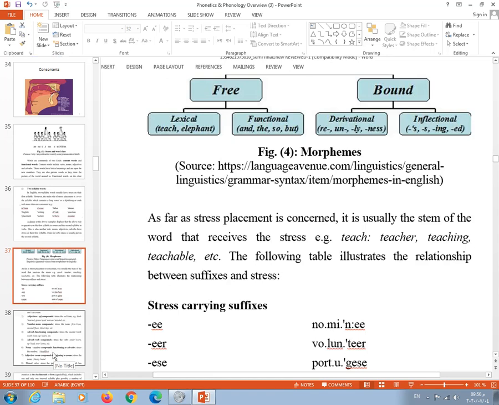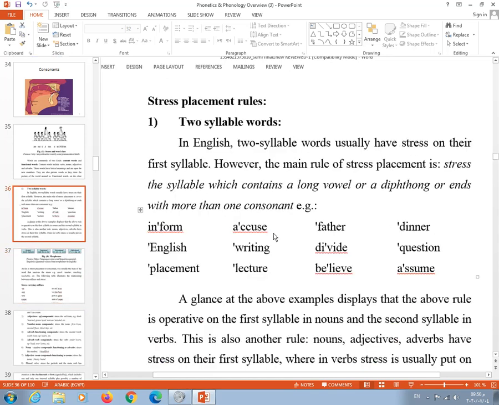Then we move to another important thing, which I call the golden rule, which has to do with how to stress. What is the general rule that helps guide us to place stress in English words?